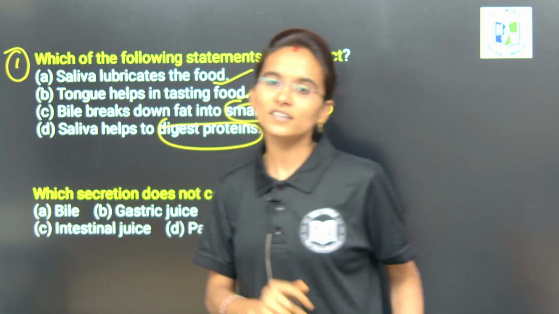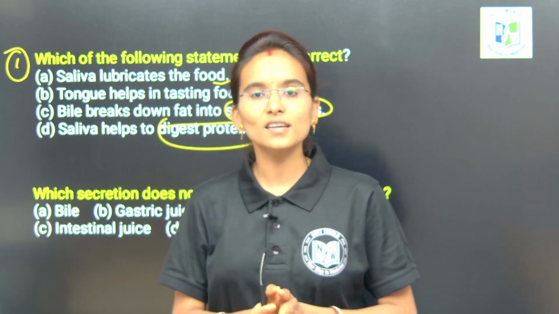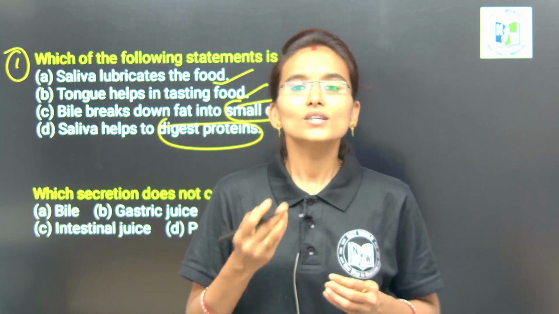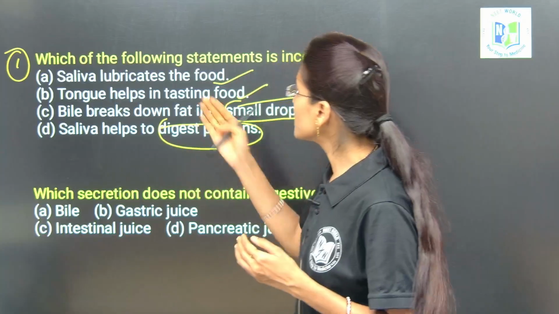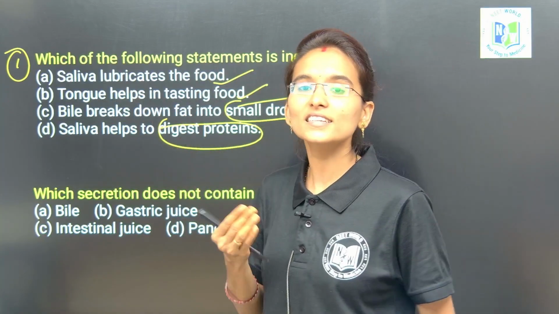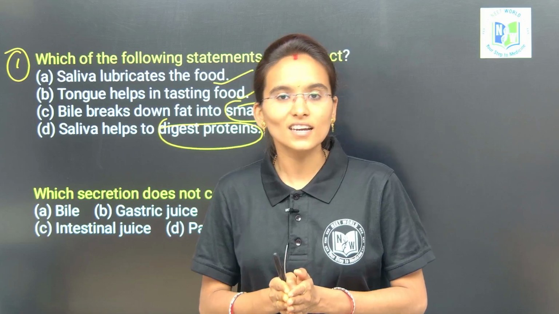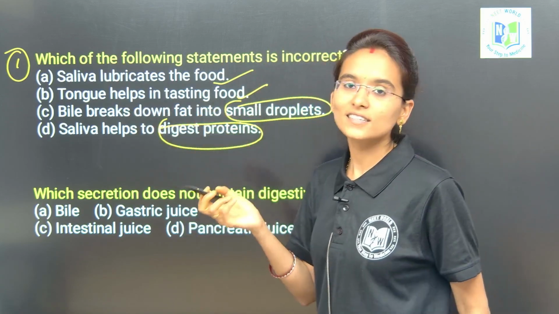Saliva secretes the enzyme called amylase, and due to the secretion of saliva the food gets continuously moistened, so we can easily swallow the food. Next, the tongue helps in tasting the food.